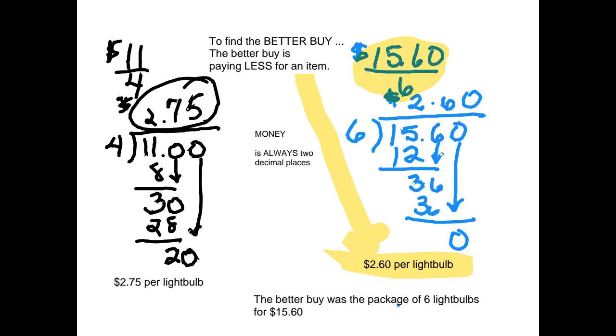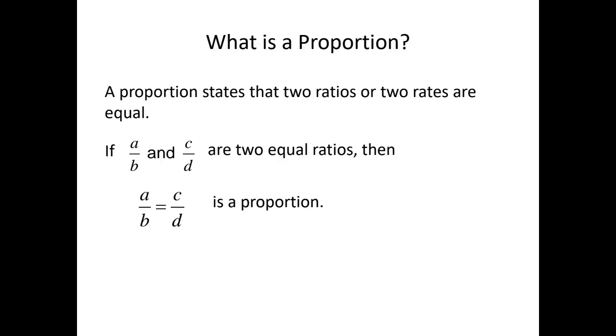Okay, now moving right along, proportions. Okay, now notice that I have 4 different letters. A proportion states 2 ratios or 2 rates are equal to each other, but it's a little more than that, okay?